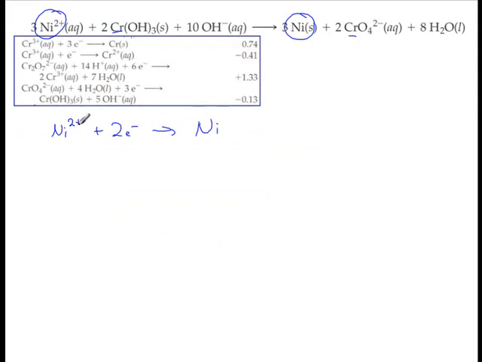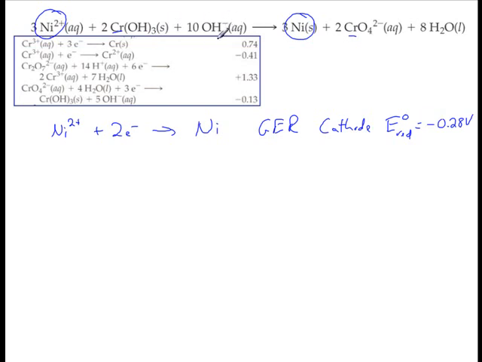The only way to get from a +2 to a 0 charge on nickel is to add 2 electrons. This is the reduction, the cathode, and this particular reduction potential value is negative 0.28 volts.